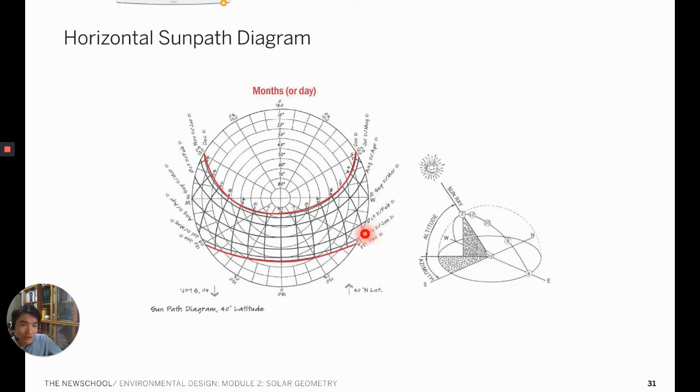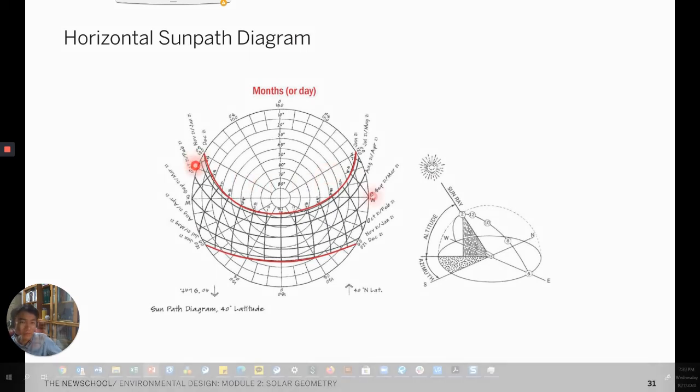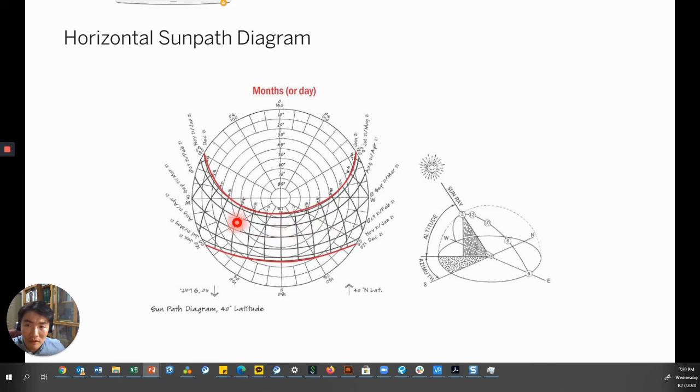The 21st of every month is labeled with these dark curved lines. And each line, except for the two extreme days, represent two different times of the year, with the middle line being the equinox of the year, both spring and fall. These lines represent time of those days.